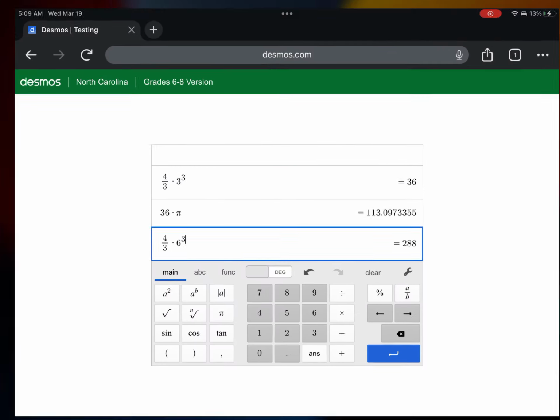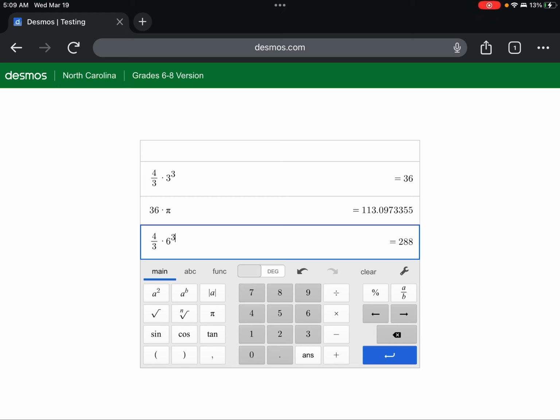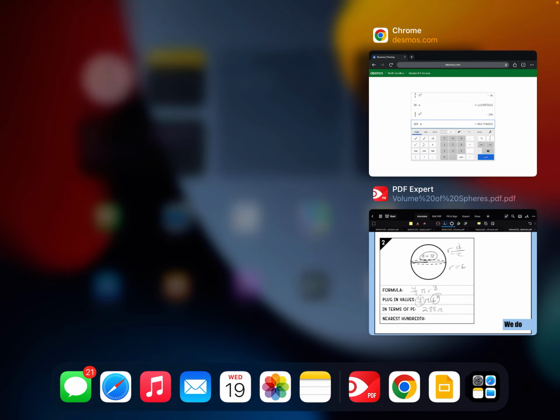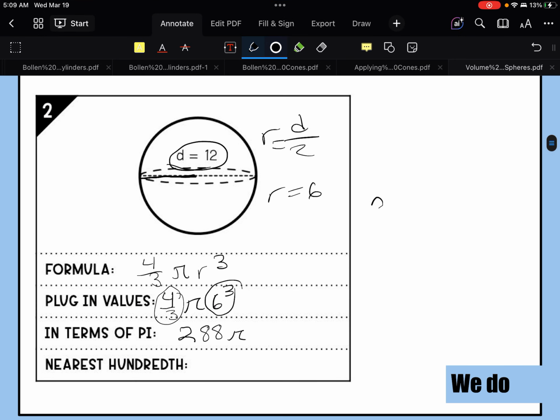And then we're going to come over here and do 288 times pi, which is going to be 904.778.